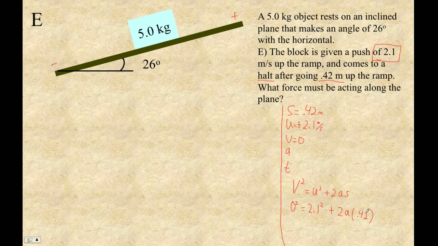Then we divide by 2 and 0.42, so the opposite of 2.1 squared divided by 2 divided by 0.42. And I get the acceleration is negative 5.25 meters per second squared, just like we thought it would be. So that's part one.